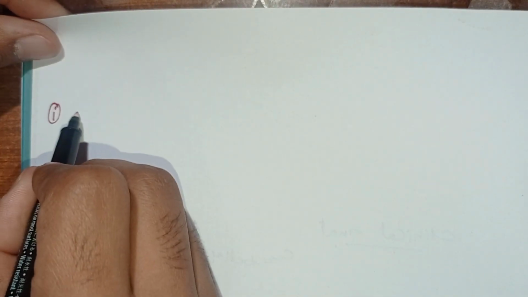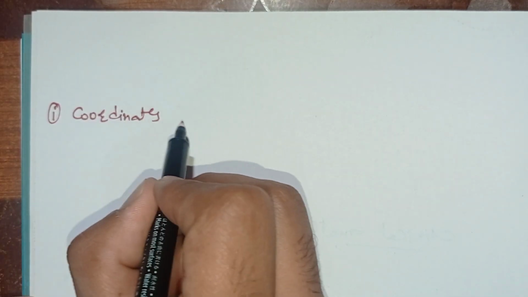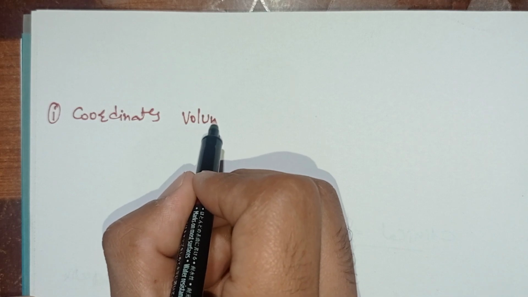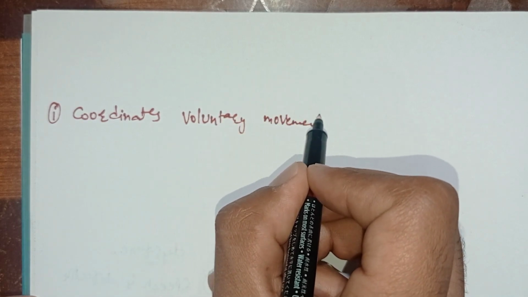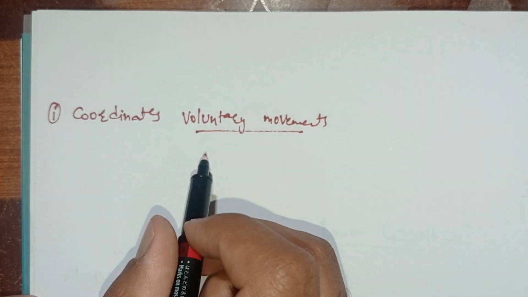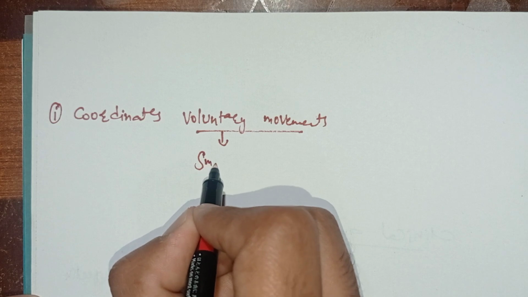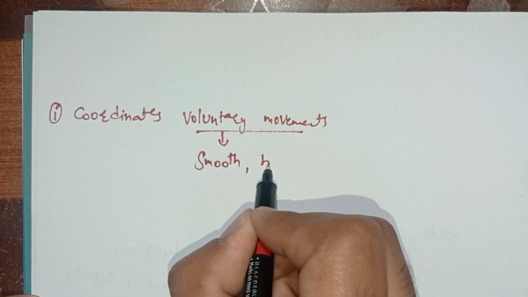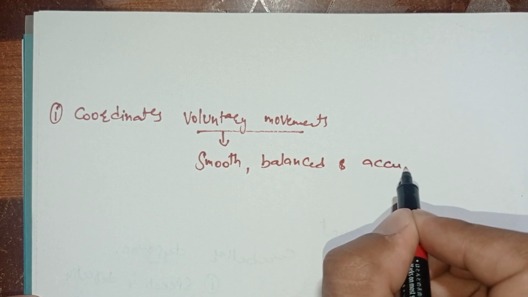Another function of the cerebellum that we should know about is that the cerebellum coordinates voluntary movements so that these voluntary movements are smooth, balanced, and accurate.